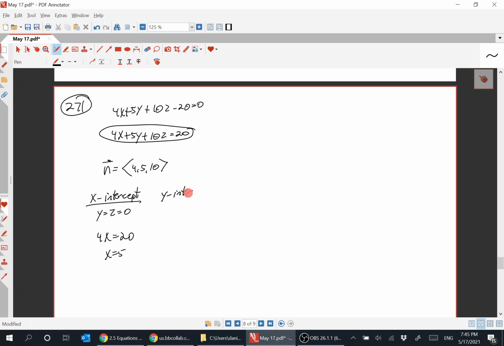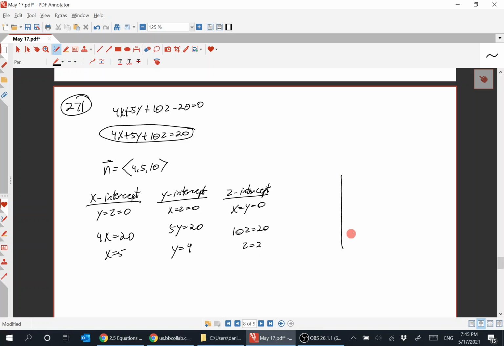For the y-intercept, x and z are 0, so 5y is 20, so y is equal to 4. And the z-intercept: x equals y equals 0, and then 10z is 20, so z is 2.